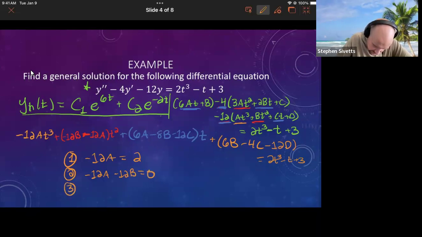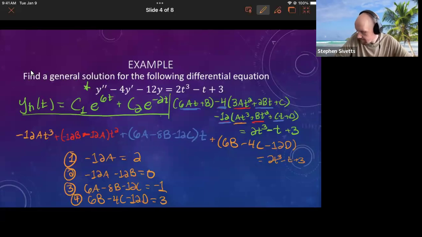The t coefficients, so we'll have 6a minus 8b minus 12c is equal to -1. And then the last one, the constant, 6b minus 4c minus 12d is 3.